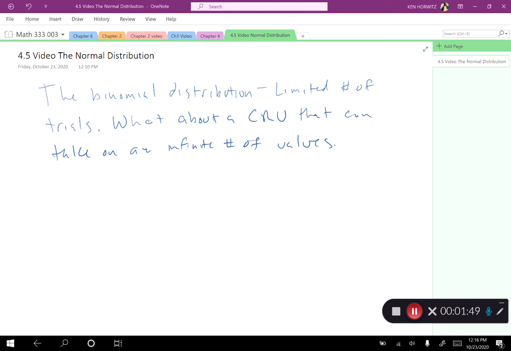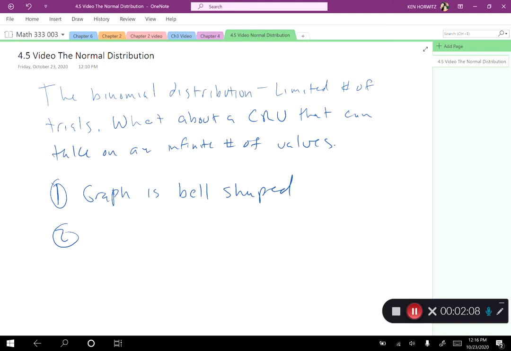So the first condition is that the graph is bell-shaped.